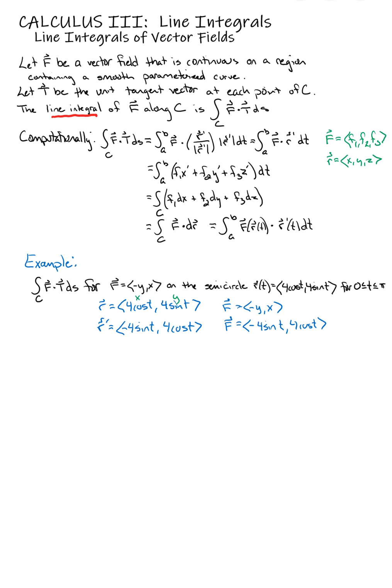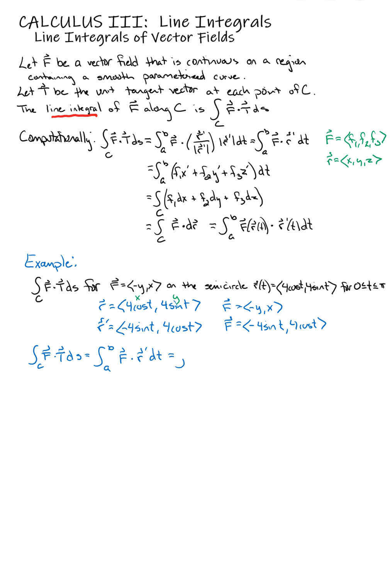So if we want to evaluate this line integral, again, this tells us what we're actually going to do. That's an integral along a line, and we're going to change it to a regular integral of f dotted with r prime dt.